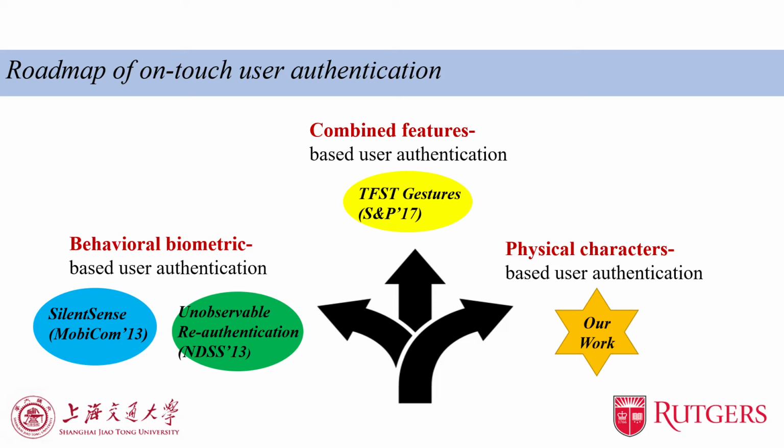More recently, there are works combining these behavioral biometrics and physical characters, such as the shape of touching hands. But different from all these works, our work focuses only on the physical characters for user authentication.